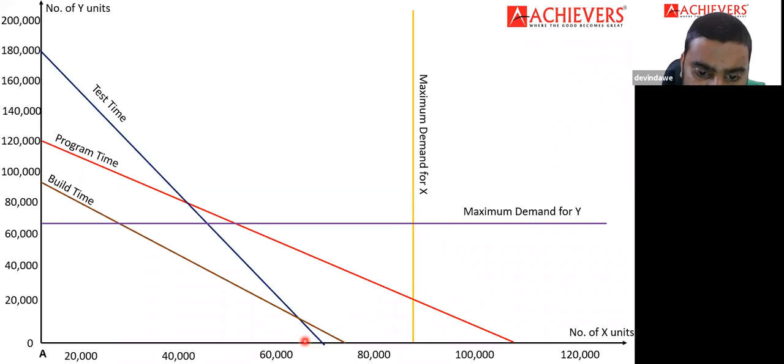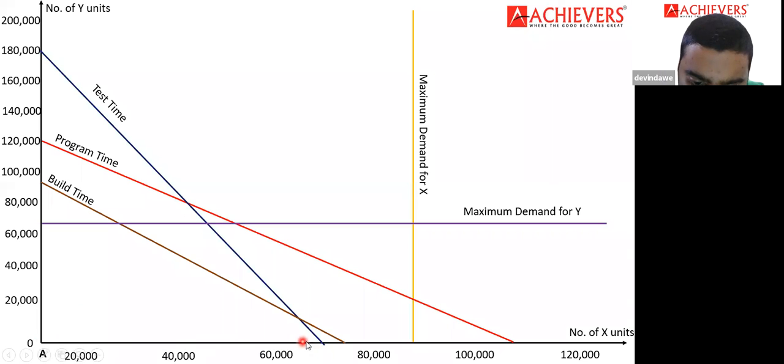It could be a point where a demand constraint or resource constraint intersects with the x-axis or y-axis, right? So when you start from 0 and move along the x-axis like this, what's the first corner that you hit?